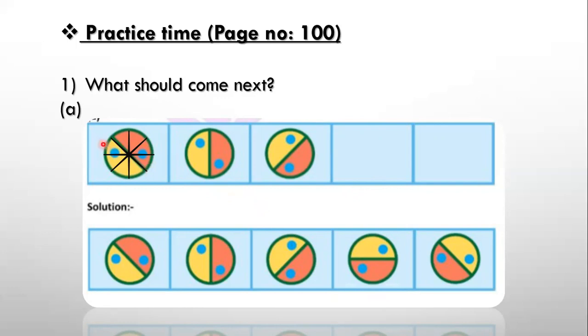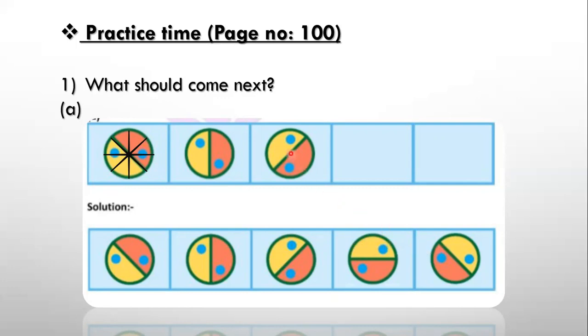So here, first is the original figure. This dark line is starting from here, and when it makes 45 degrees, from here it comes to this position that is shown here. In the next 45-degree turn, it will be looking like this, and in the next 45-degree turn, it will be looking like this.